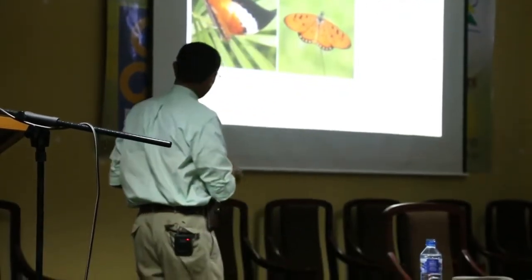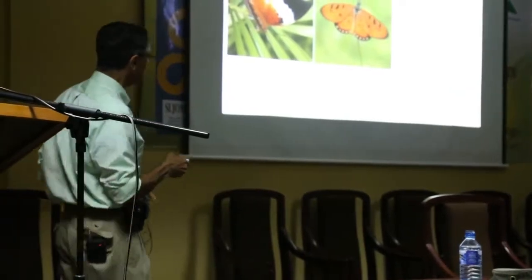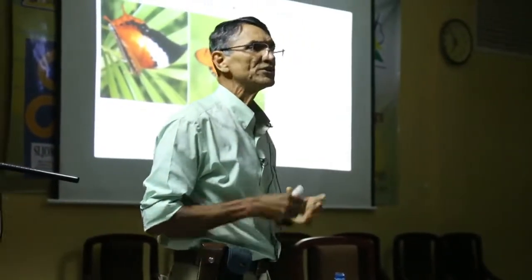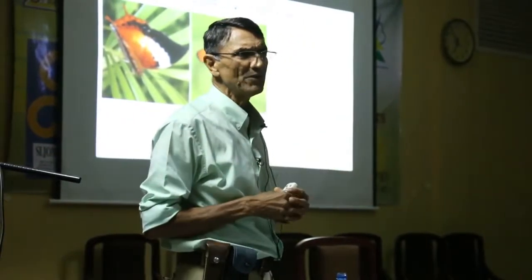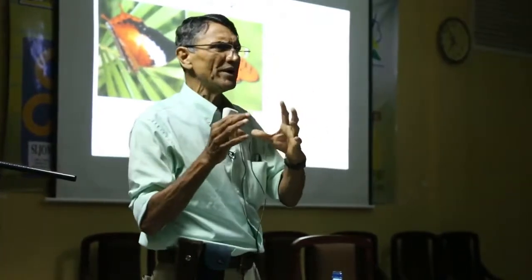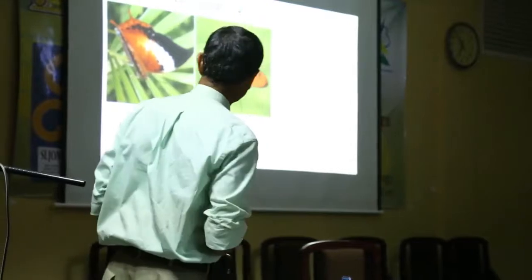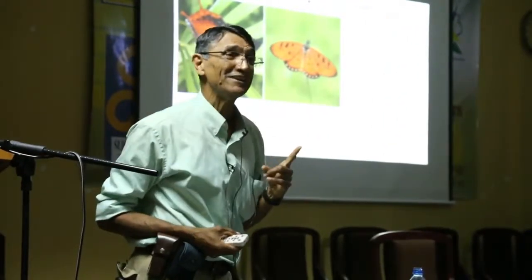Now this one, on the other hand, this is called the Telchinia (Acraea). All the species virtually are found in Africa. Over 200 species of this particular butterfly are found in Africa. Very, very similar looking, but distinct, and they belong to the same genus. And only 3 species are found elsewhere.